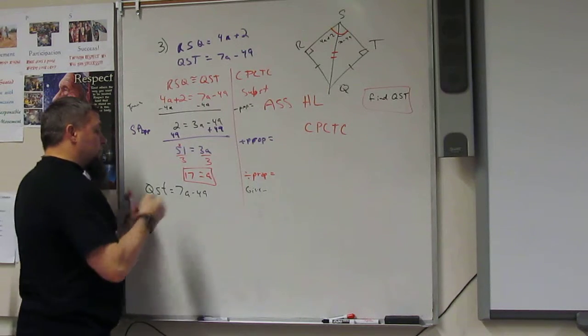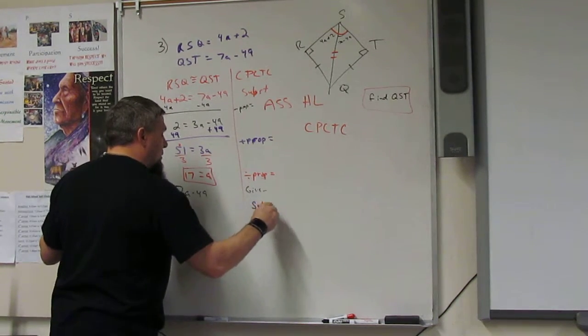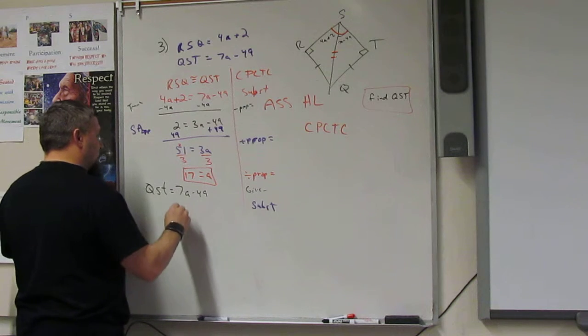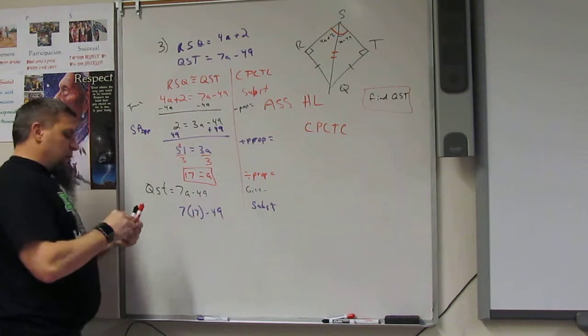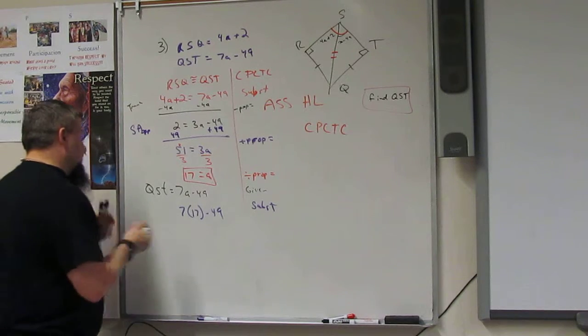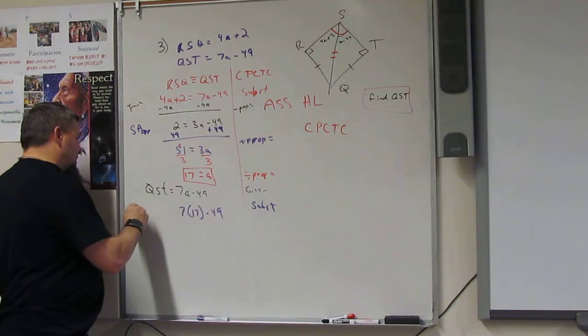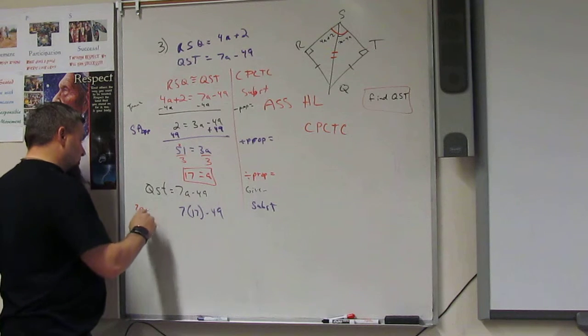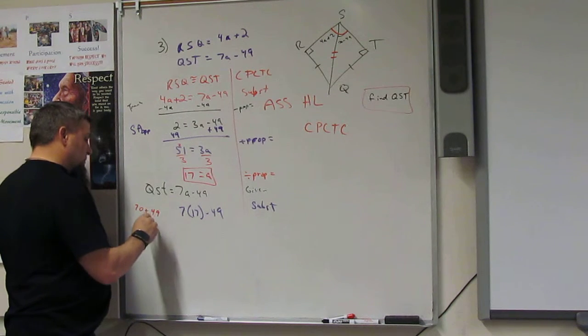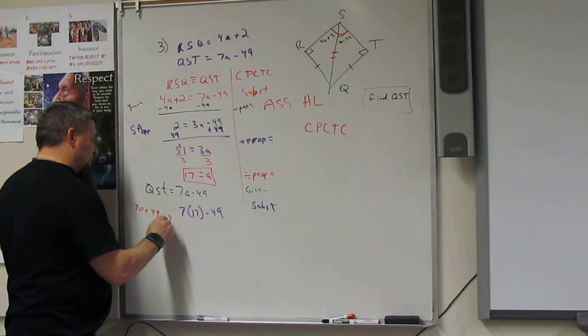And plug in, substitute, 17. So 7 times 17 minus 49. 7 times 17, well, that's 70 plus 49 minus 49.